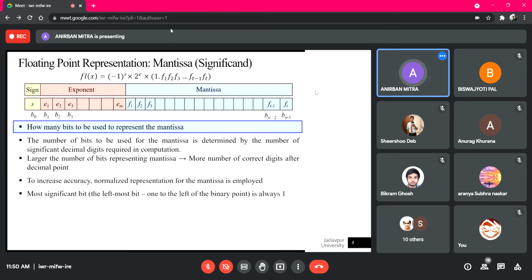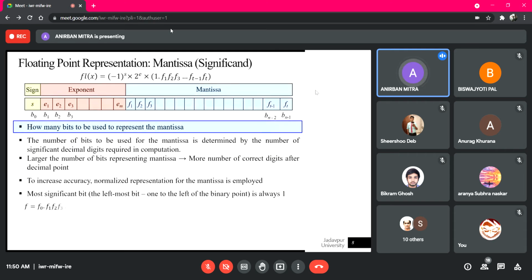And this is where the advantage of the normalized representation is realized. The normalized representation is basically adopted to increase the accuracy. The most significant bit, that is the leftmost bit, one to the left of the binary point, is always 1. That is the normalized representation.